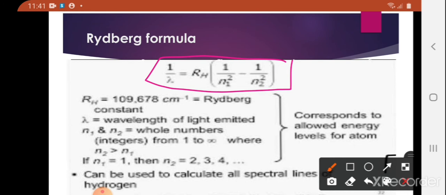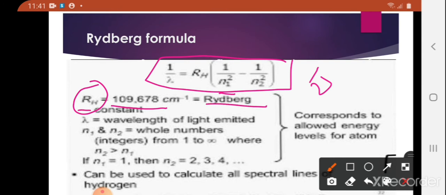The expression is 1 by lambda, that is nu bar, is equal to R into 1 by n1 square minus 1 by n2 square. Here R is the Rydberg constant, which takes the value 109,678 per centimeter.